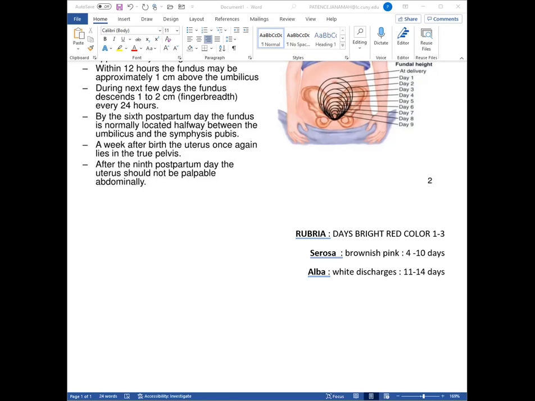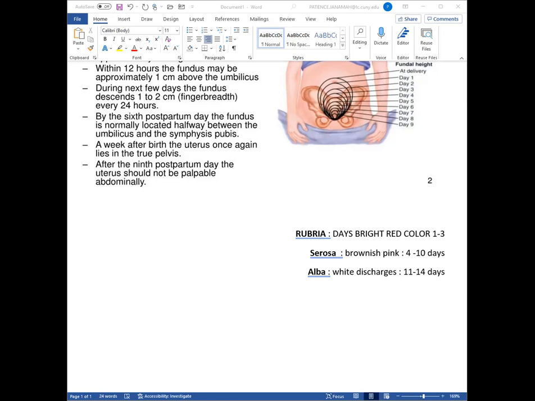If cracked nipples develop, the client should expose the nipple to air for 10 to 20 minutes after each feeding. You also want to make sure they are aware to increase their caloric intake by 200 to 500 a day. So those are the things you want to teach a breastfeeding mother.